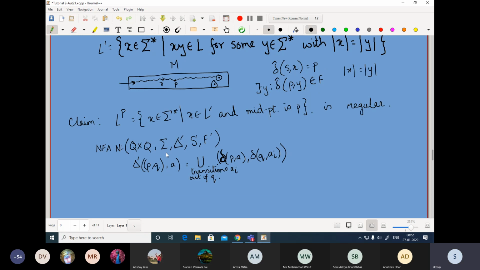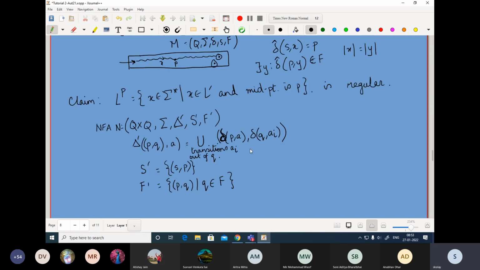Sorry, small delta. What are S dash and F dash? S dash is S comma P. F dash is P comma Q, where Q belongs to the final states of M. So M I am just taking as Q, sigma, delta, S, F.